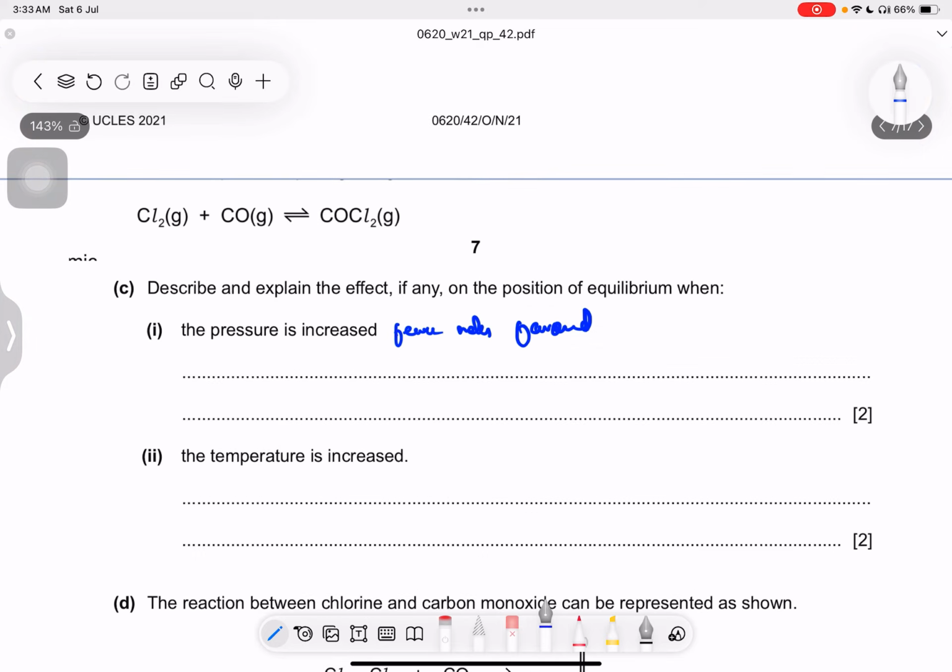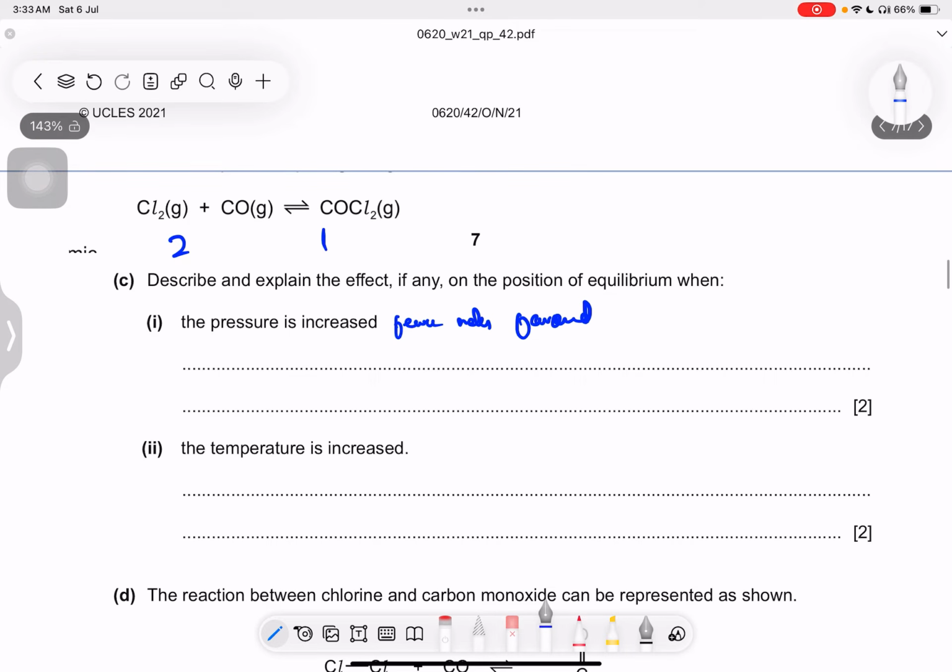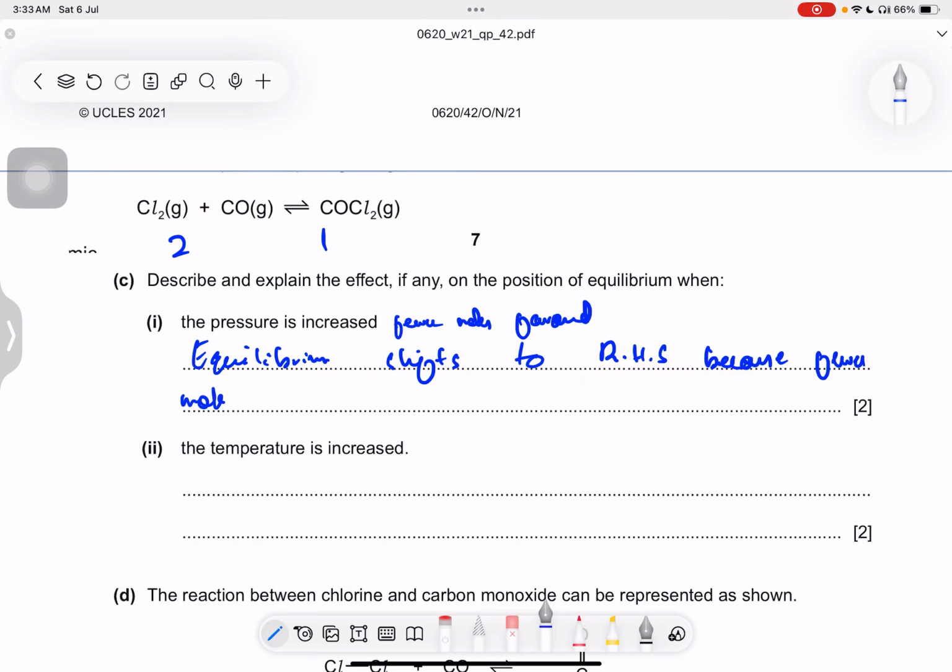So which is on the right side, 2 moles over here, 1 mole on this side. So the equilibrium shifts to the right hand side, because fewer moles of gas are present on the right side.